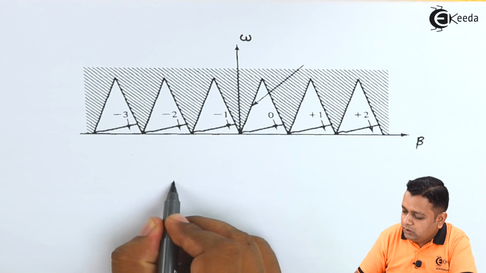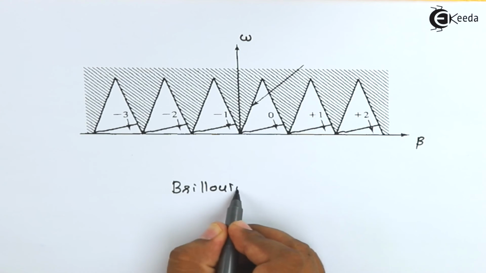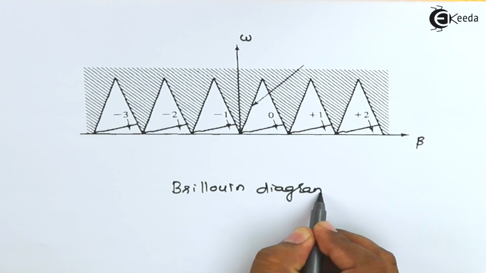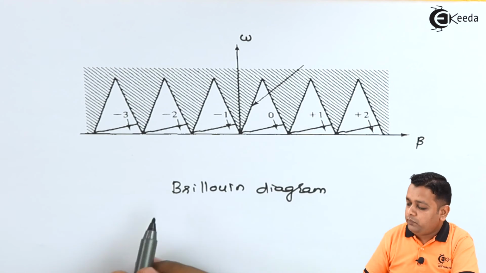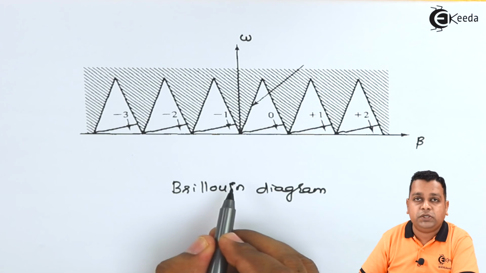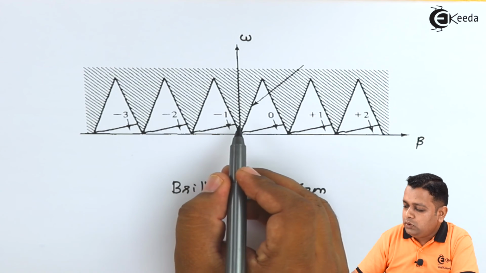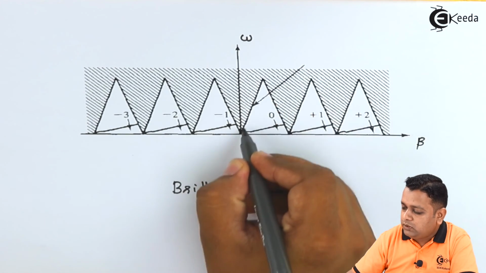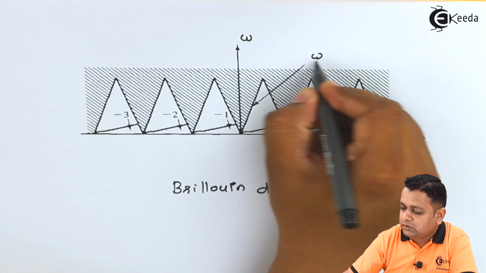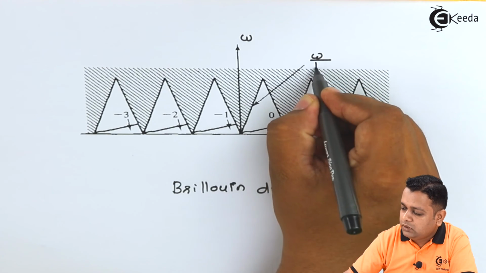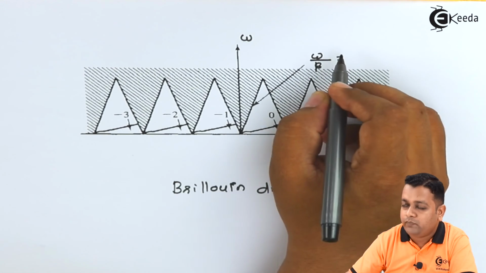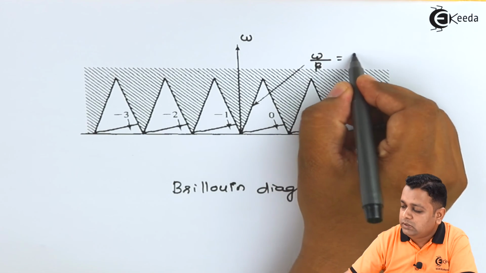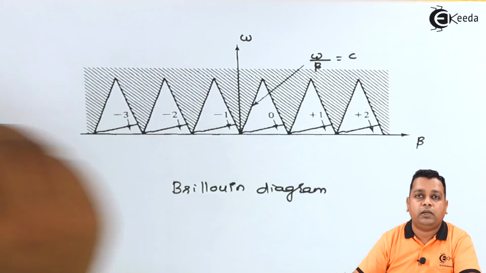So here I name the Brillouin diagram for the n number of spatial harmonics. In this particular diagram, as you can see, this particular side represents the ratio omega with respect to beta, and for the free space region it is nothing but the velocity of light c.